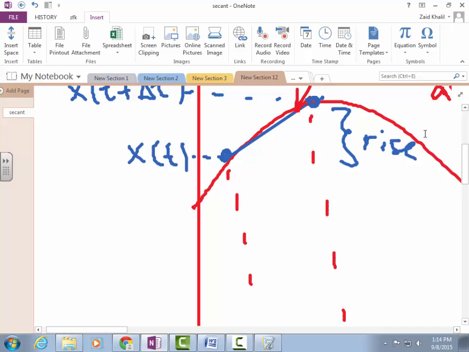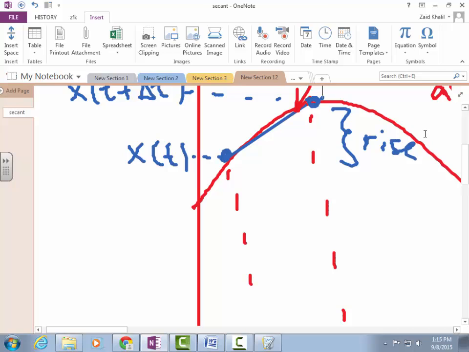If I take this thing and start shrinking this time interval, what ends up happening with that secant line is that it starts tilting up more and more until it matches what line? The tangent line that passes through the point t.